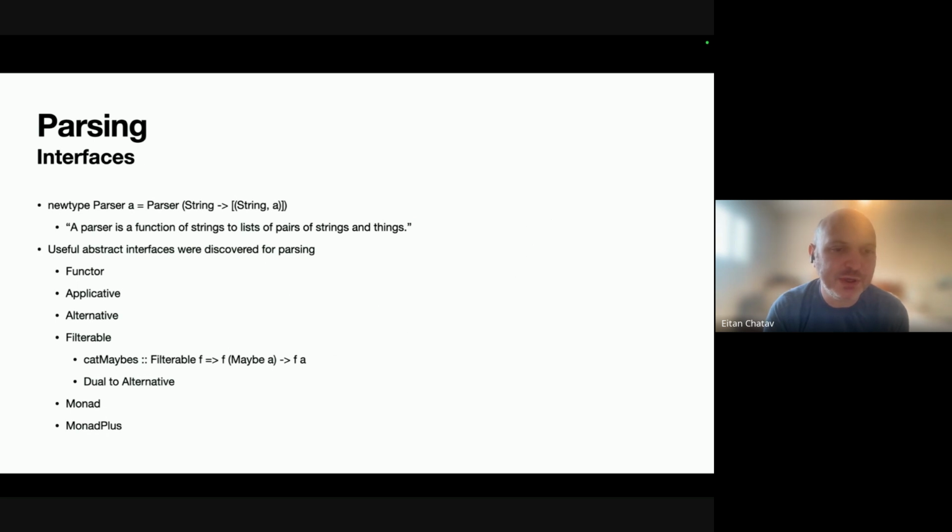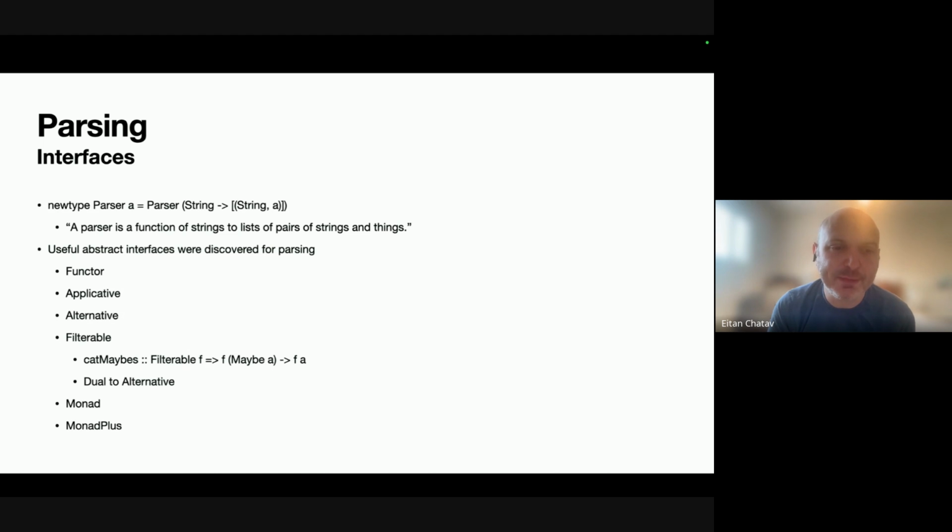Filterable, which maybe we know a little less about. Filterable is like a lot of functions we know from the list functor. It has catMaybes, which lets us remove all the nothings and keep all the justs. And it's dual to alternative.